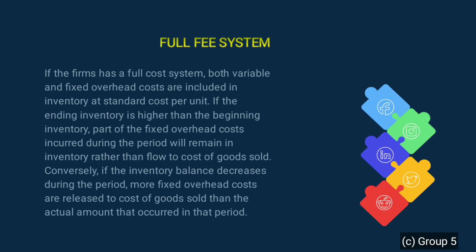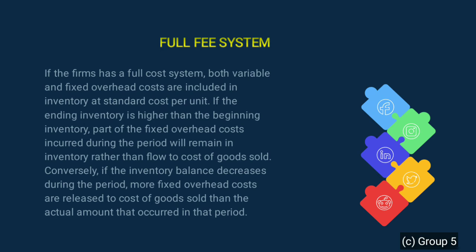And next, I will explain about full cost system. If the firm has a full cost system, both variable and fixed overhead costs are included in inventory at standard cost per unit.